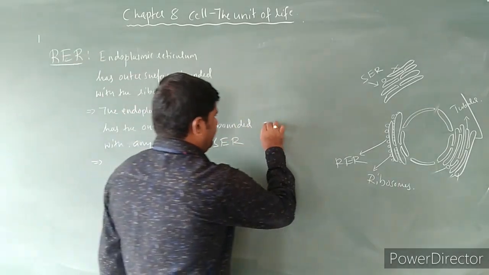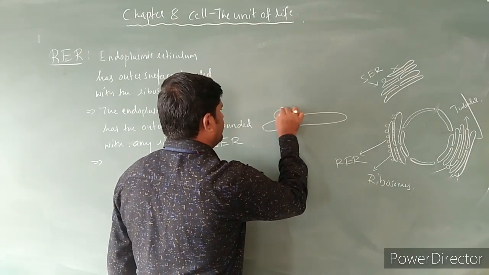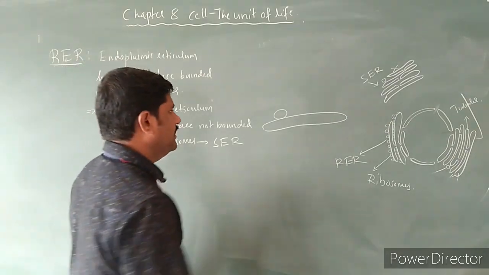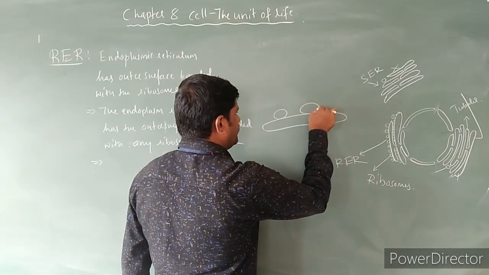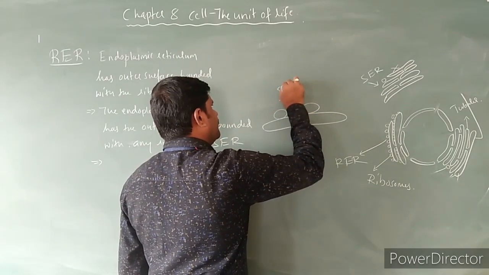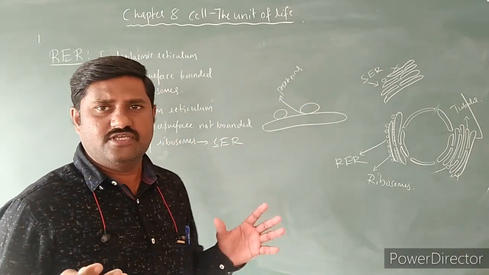And if this is the tubular structure to which the ribosome is attached, these ribosomes are attached with the help of proteins. What kind of proteins?